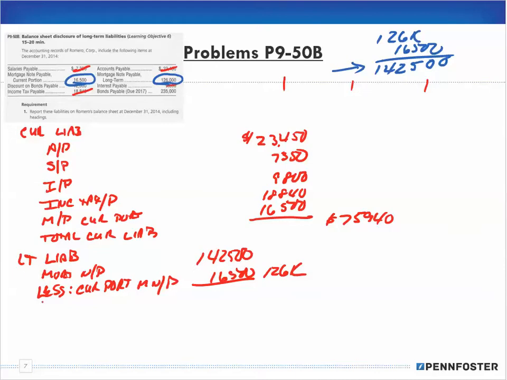So whenever I create financial statements, I'll put in the value of the mortgage payable, that it's 142,500, and then I can also see that the current portion is 16.5, and that the long-term portion is 126,000. So I get all three bits of information instead of just two.